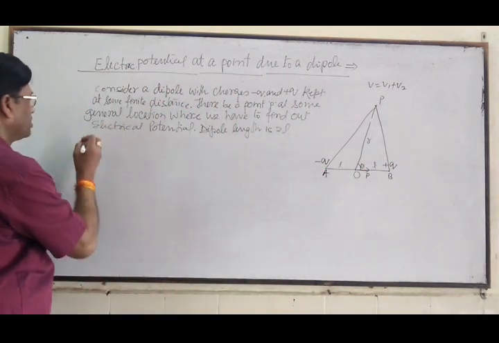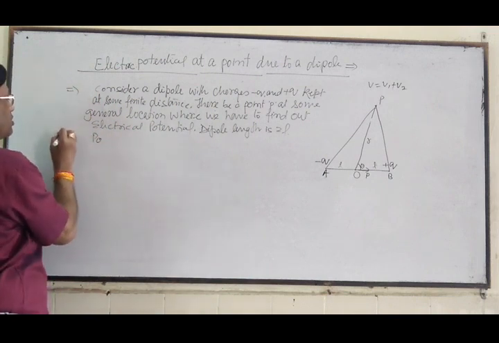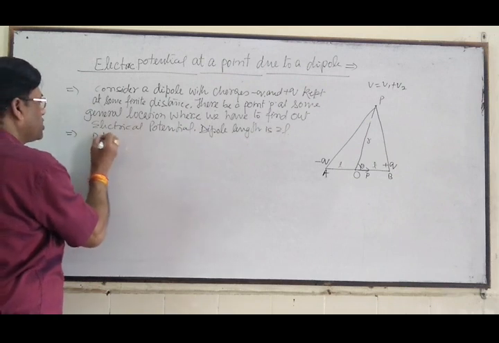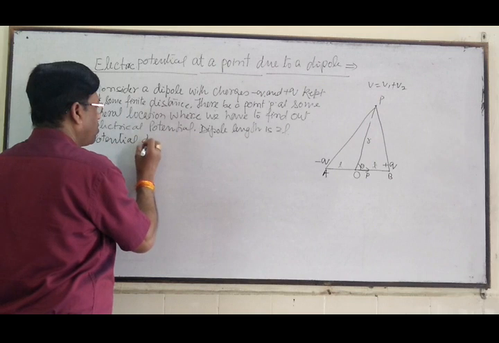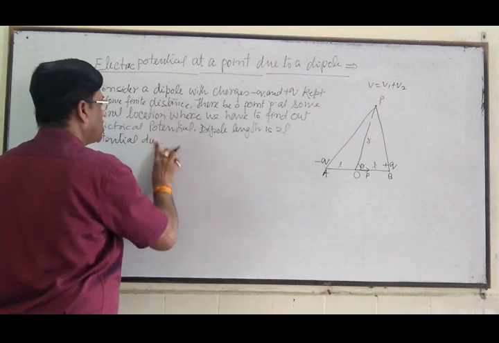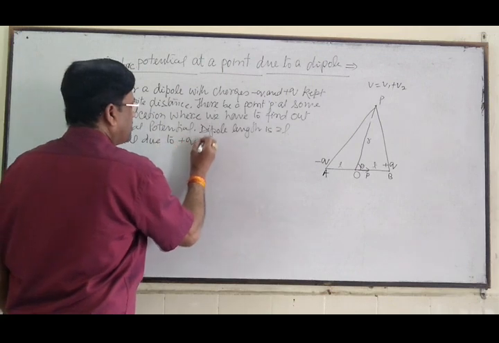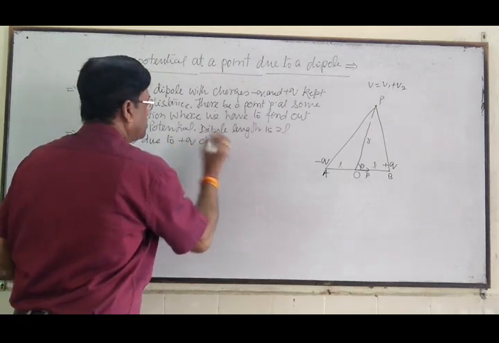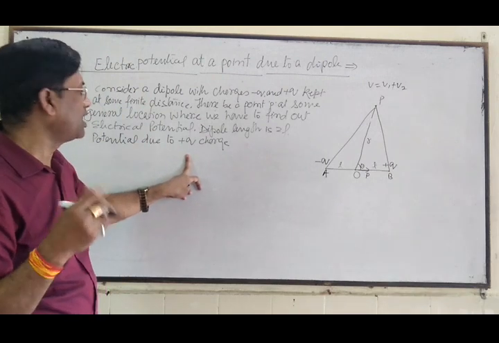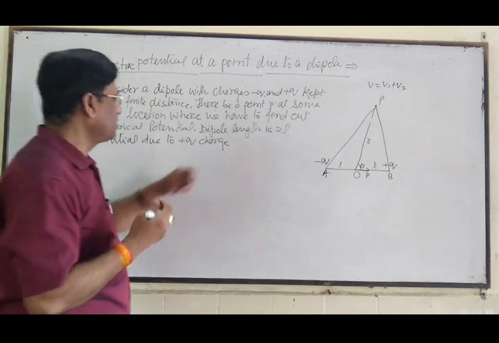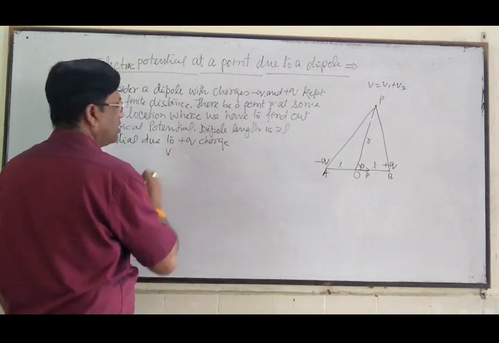Then, second step, potential due to the plus q charge. The plus q charge is like a single isolated point charge, so you know its formula.